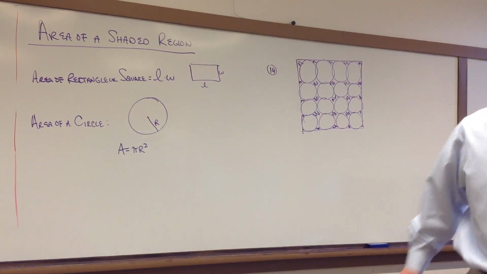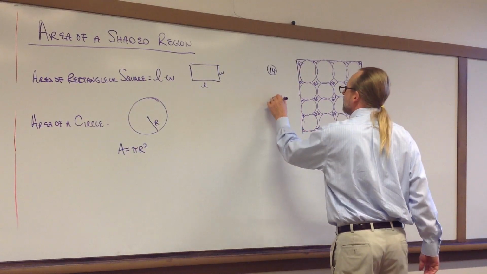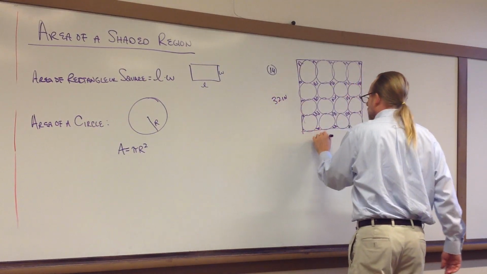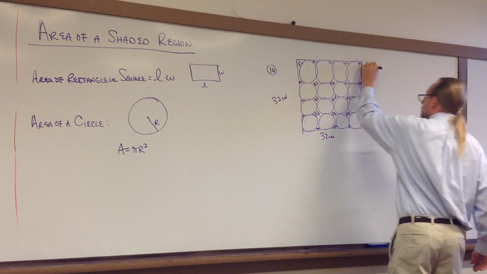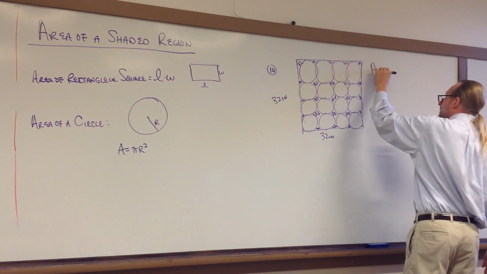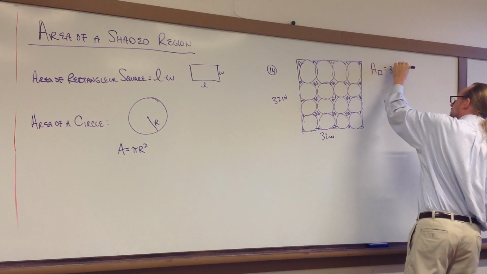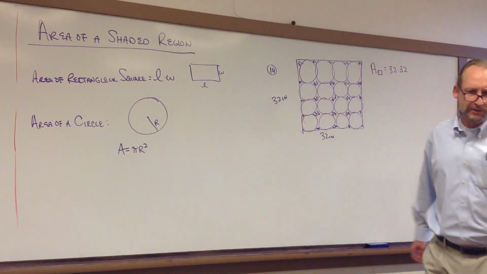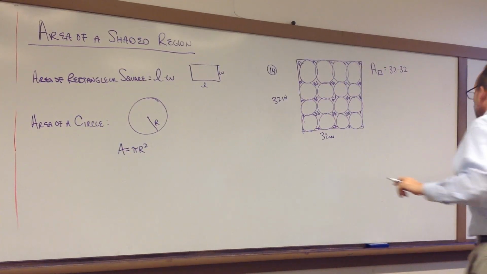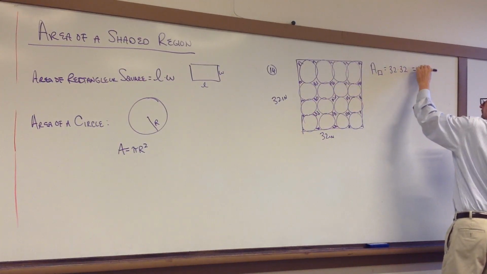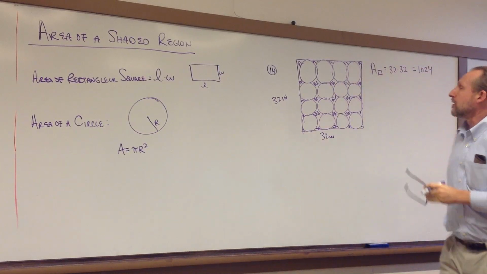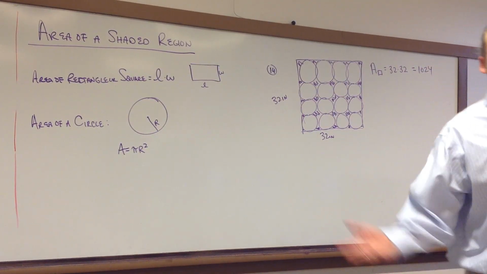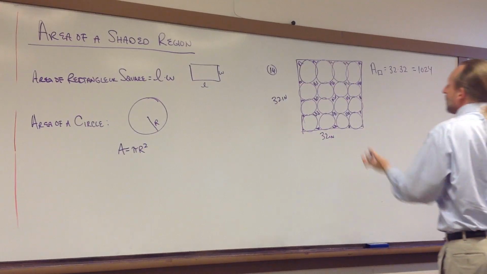Let's see. And so this big square is 32 inches by 32 inches. So let's just get that out of the way. The area for the square is going to be 32 times 32, which is 1,024. Okay, so there we go. Now we've got to figure out, well, what's the radius for one of these circles?